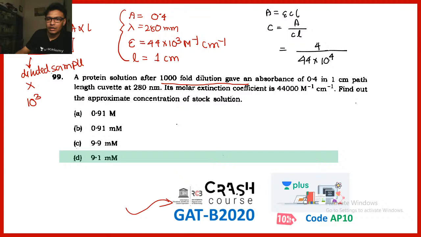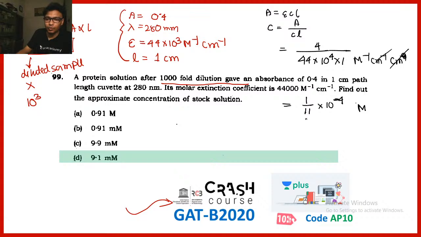Okay, and path length is 1 centimeter, right? And remember the unit, guys, remember the unit. The unit for the molar extinction coefficient was mole inverse centimeter inverse. Here the path length was in centimeter, so basically this centimeter goes off. So whatever your unit would be ultimately is actually in molars, okay? So basically you have 1 divided by 11 into 10 to the power minus 4, right?